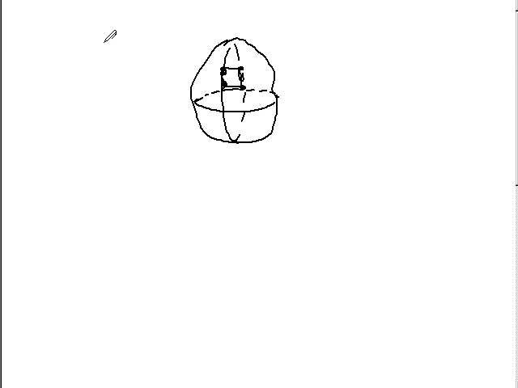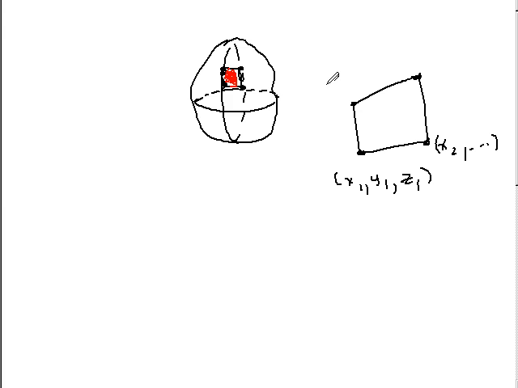So let me just fill that in. So you have a patch with 4 points. And it needn't be a trapezoid or anything. So this is, say, x1, y1, z1, x2, etc., x4, y4, z4.